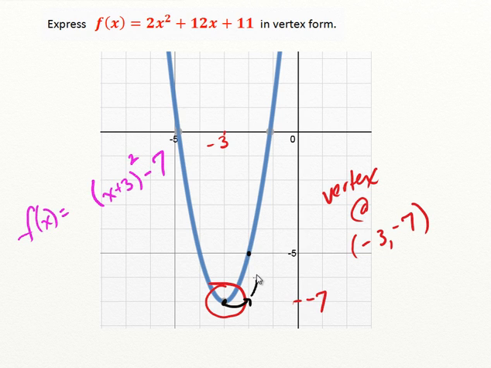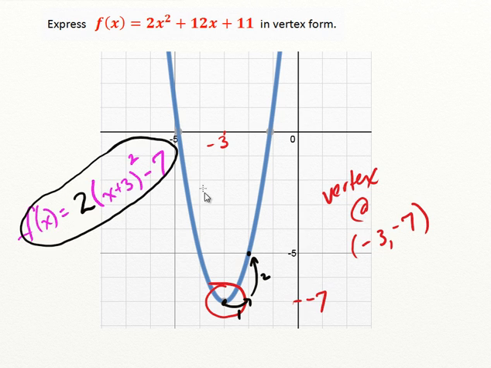So it goes up 2. So we go over 1, up 2, and that means that the a value would be 2. So there is the equation in vertex form. And you'll notice that the a value matches the a value up top there.